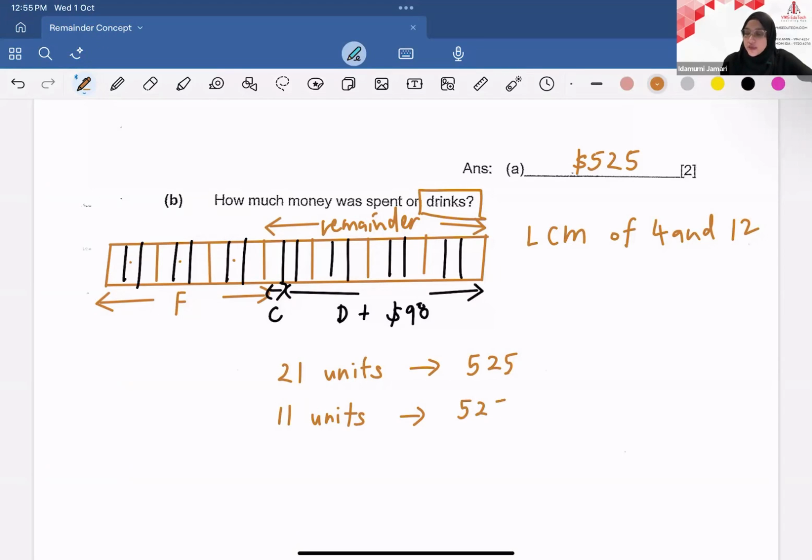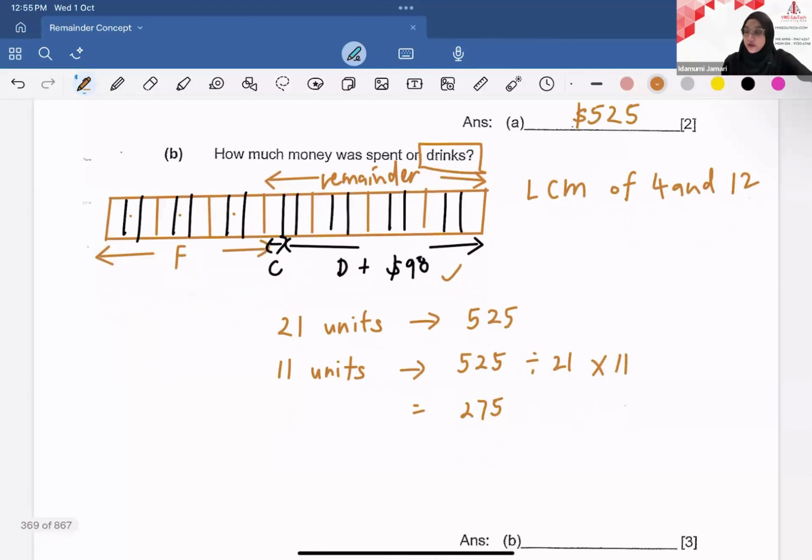That will be 525 divided by 21 and we multiply by 11. Key this into the calculator, we should get $275. So this $275 refers to the amount spent on drinks and the amount of money left.